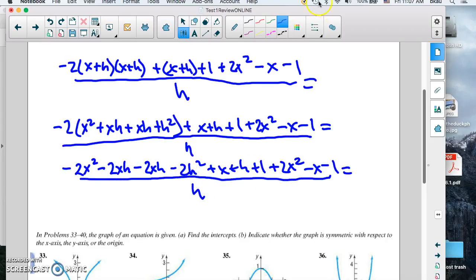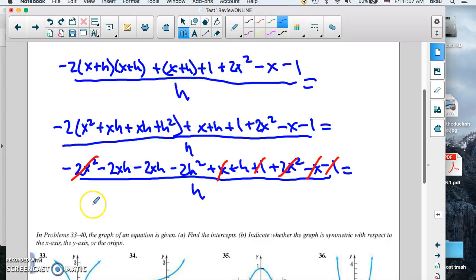And now a lot of things reduce. We could have done this earlier. The negative x's and the positive x cancel out, the negative 2x squared and the positive 2x squared cancel out. So we're left with a few terms here that can be combined.